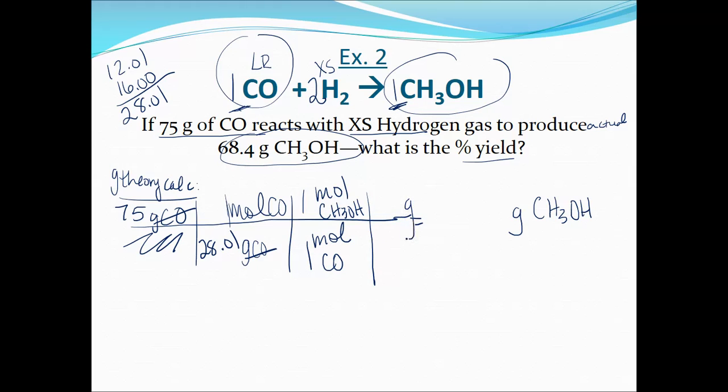Finally, we need grams of CH3OH on top, 1 mole of CH3OH on bottom. So molar mass, you have 12.01 for the carbon. There's 4 hydrogens, so that's 4.04, and there's 1 oxygen, that's 16.00. So we're going to add that all up.